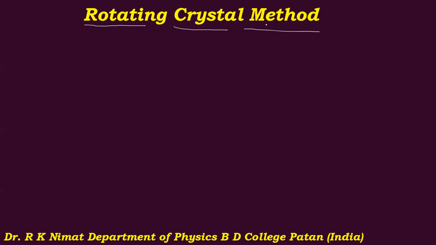Now, in this rotating crystal method, the name clearly indicates that the crystal, or single crystal, is kept rotating slowly about the vertical axis with the help of a rotor. In this method, a beam of monochromatic X-rays is used.